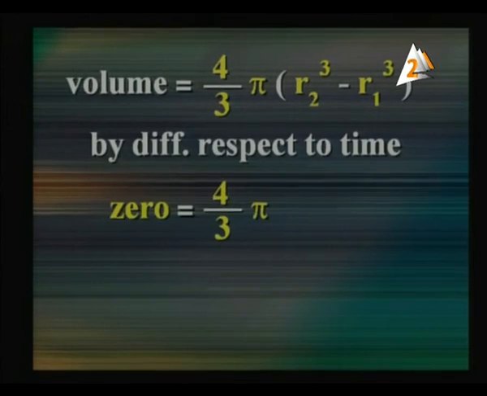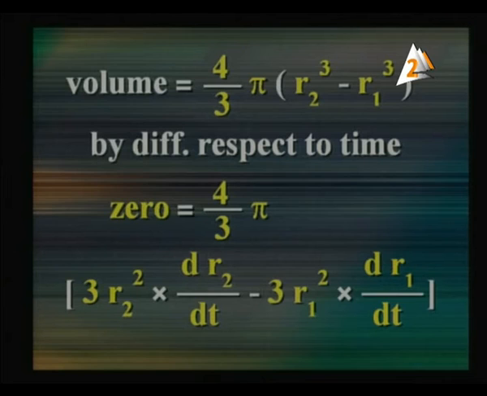By differentiation with respect to time, the volume derivative is 0, 4 over 3 pi multiplied by the differentiation of each radius with respect to time, 3 r2 squared dr2 over dt minus 3 r1 squared dr1 over dt.